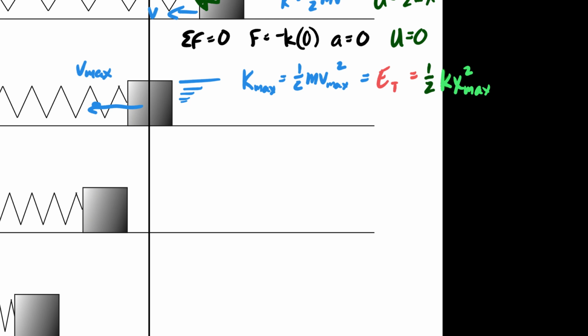Now, you probably know exactly what I'm going to do next, but we can figure out how fast it's going. We know the energy, we know how the energy works, so we can set 1/2 m v max squared equal to 1/2 k x max squared.